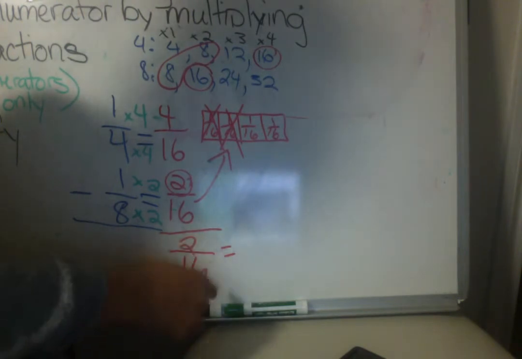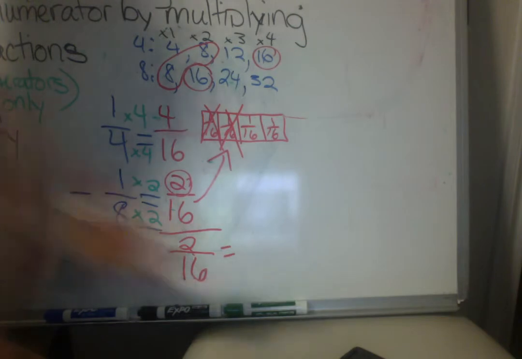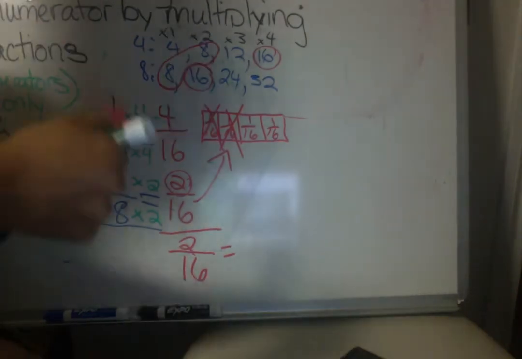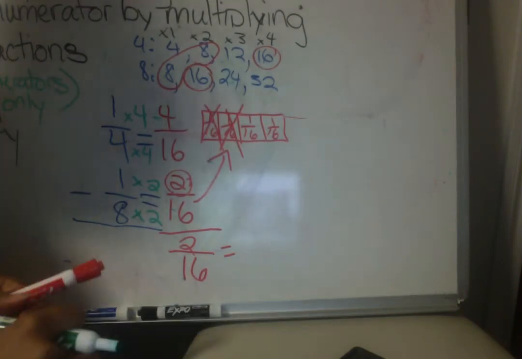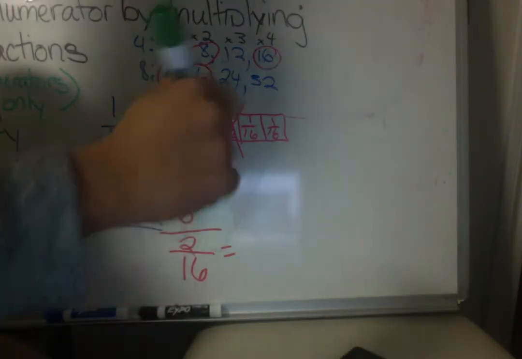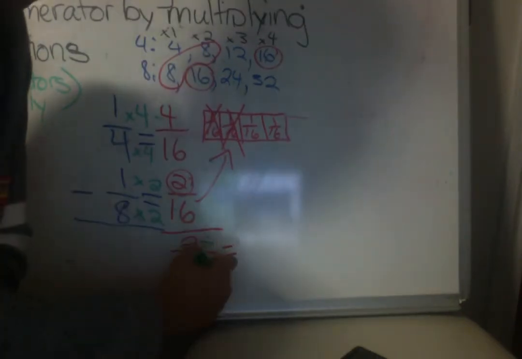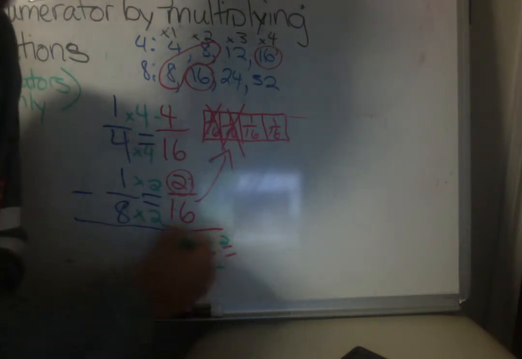We didn't go over subtraction with simplifying. We are dividing. So something times 2 will give me 16. If you notice, we would divide by 2.